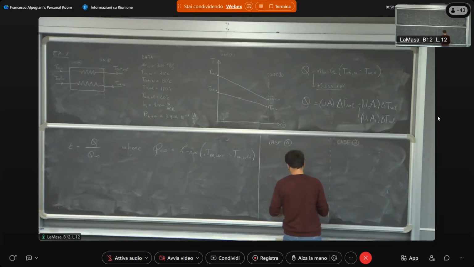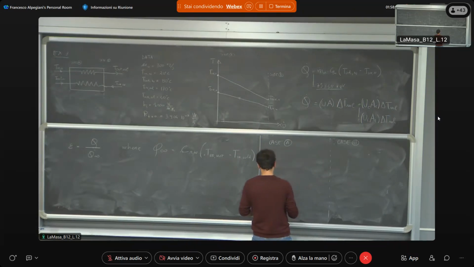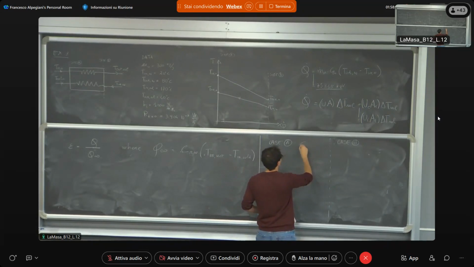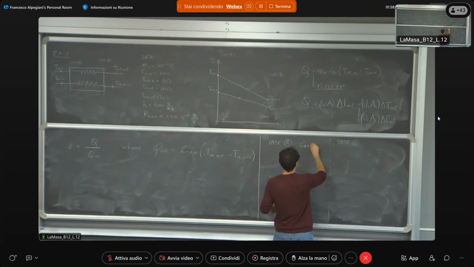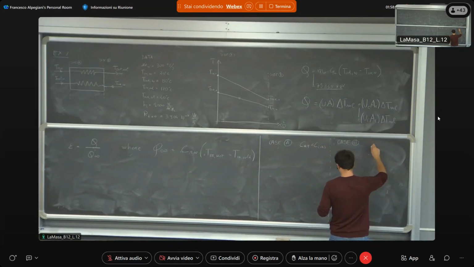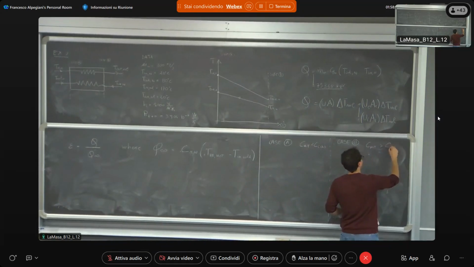The case A is the one in which we have the heat capacity of the hot fluid lower than that of the cold fluid. The case B instead is the inverse, so C hot greater than C cold.